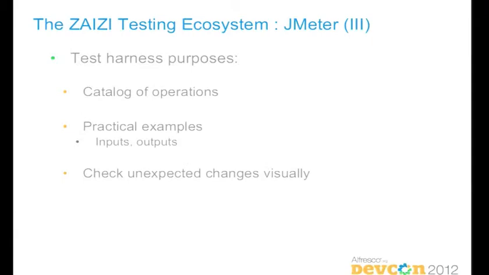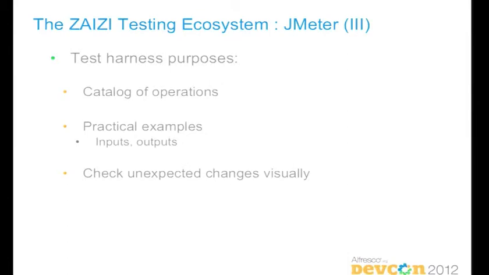We've been talking before about test harness purposes. What's that? Okay. Basically, in a service-oriented architecture, we create APIs that can be consumed by any other third party. So this API is basically a catalog of operations with some inputs and some outputs. Okay?